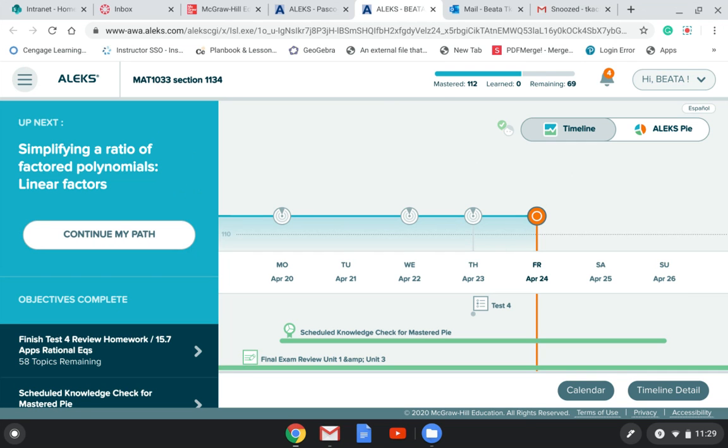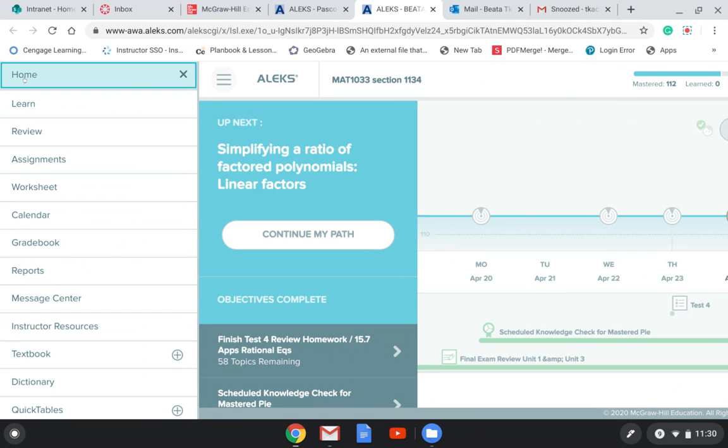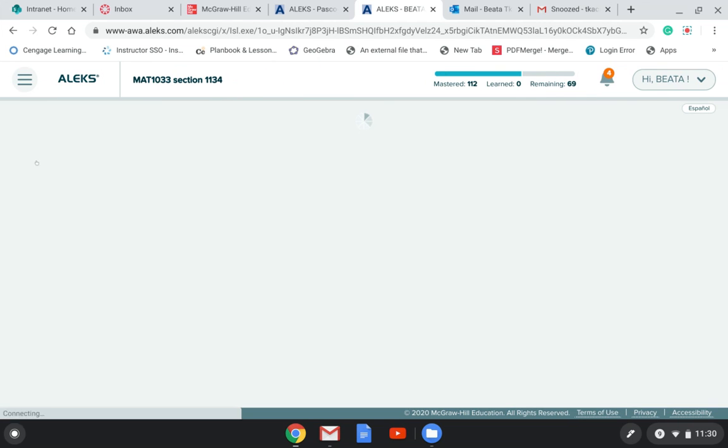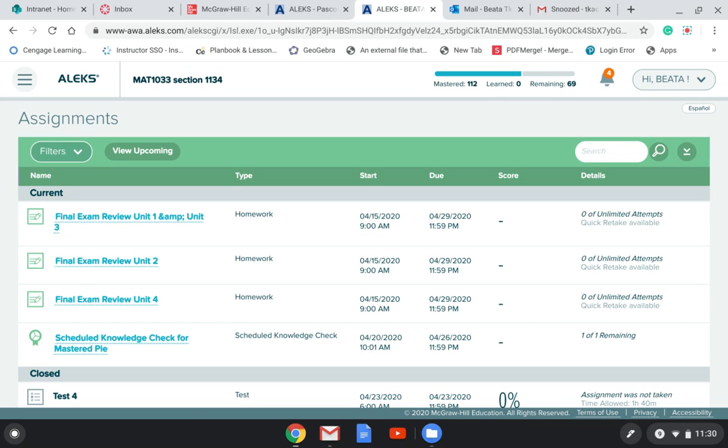So what I did for your final exam, it's cumulative. It has all 4 sections, all 4 units. To find the review problems, you will click on assignments, and you're going to see final exam review unit 1 and unit 3.